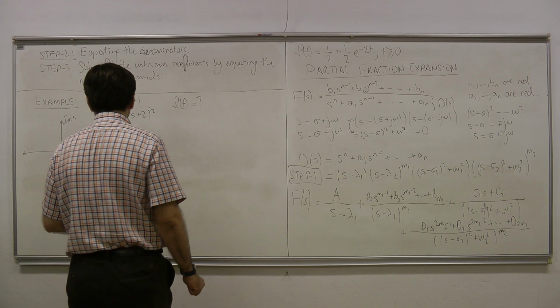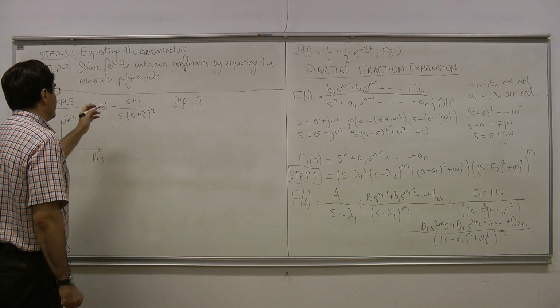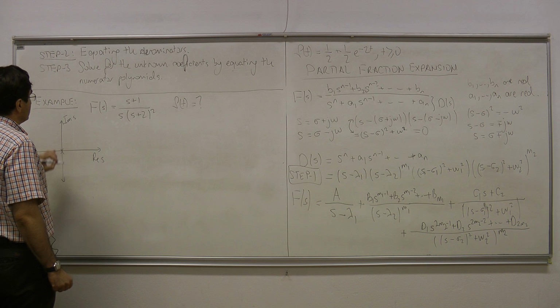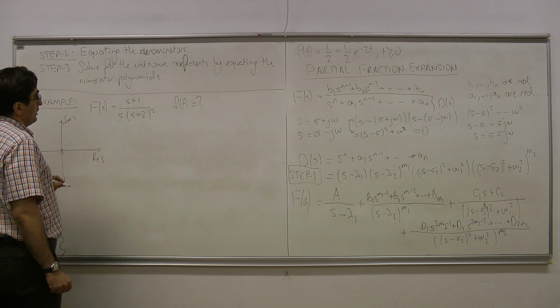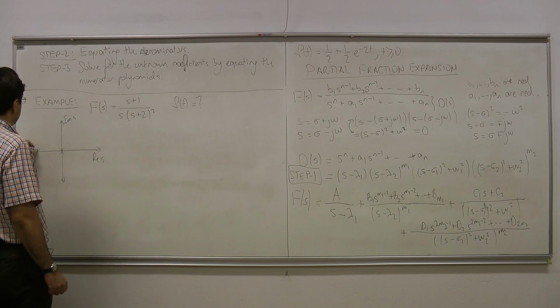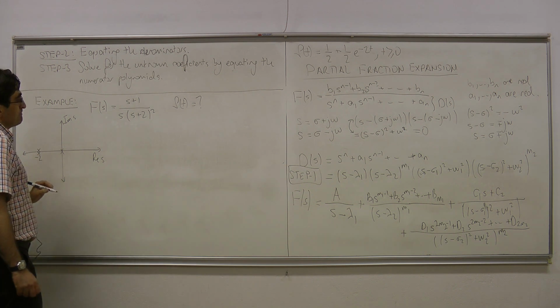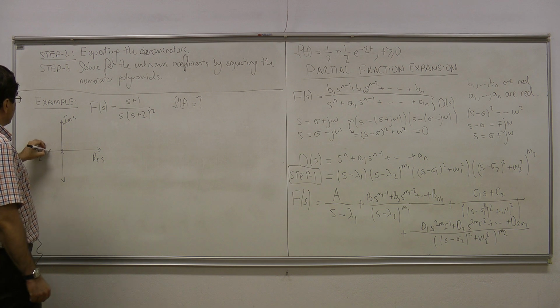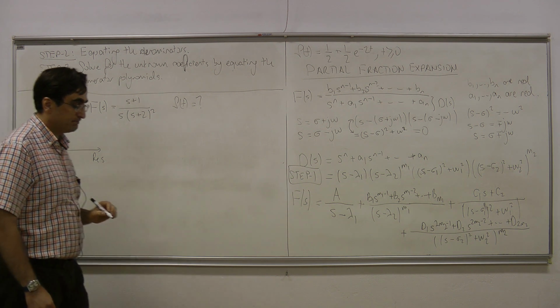In this example, we have a pole at s equals 0, and we have double poles, repeated poles, at s equals minus 2. And we have a zero at s equals minus 1.